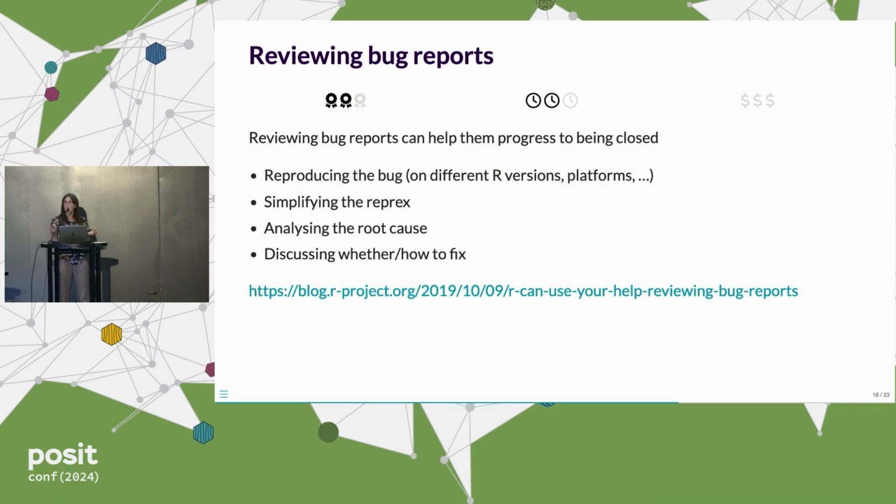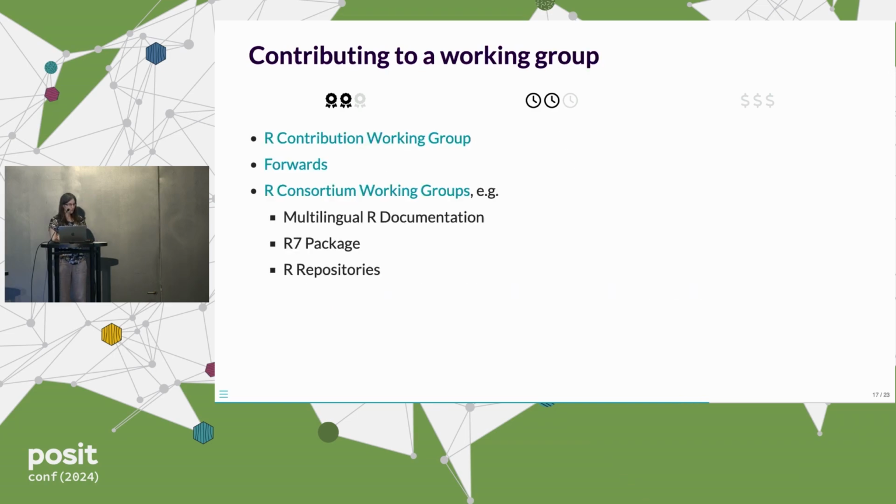You might be able to simplify the reprexes as another step towards analysing the root cause, or you might be the one that helps find the root cause: the few lines of R code or C where the bug is actually happening, and then you can discuss with others whether this is something that actually needs fixing and how to fix it. So it helps to have people contribute to that discussion rather than it just being one person having to think about this.